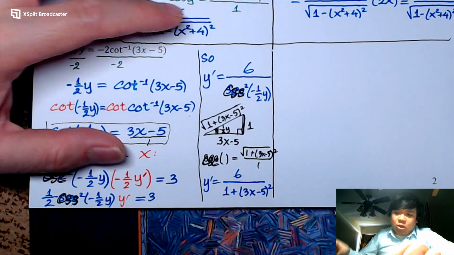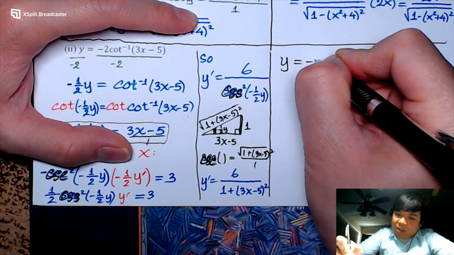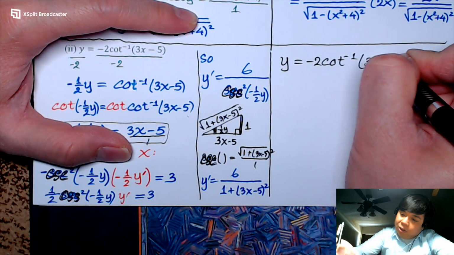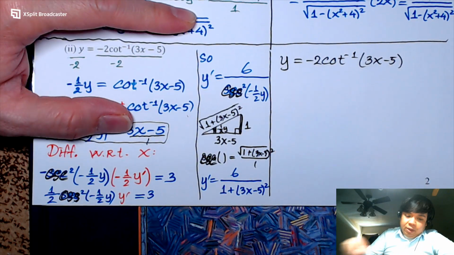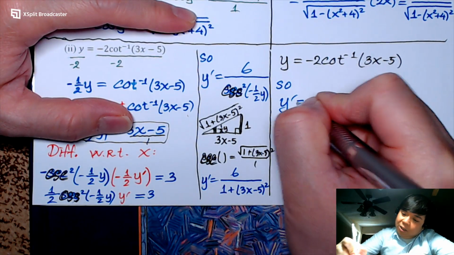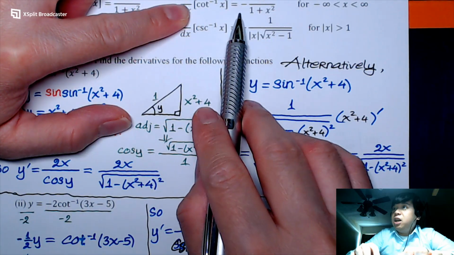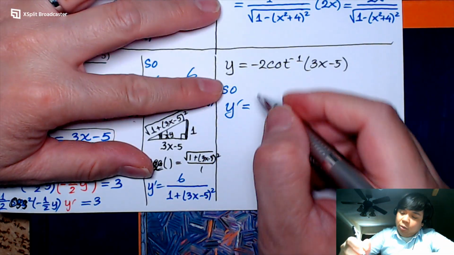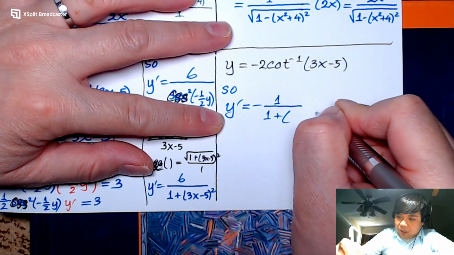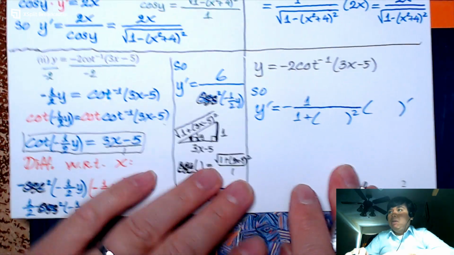Right. Now this one, if we use the formula, this will be a lot easier. Derivative of cotangent inverse is negative 1 over 1 plus something square, and derivative of that something.